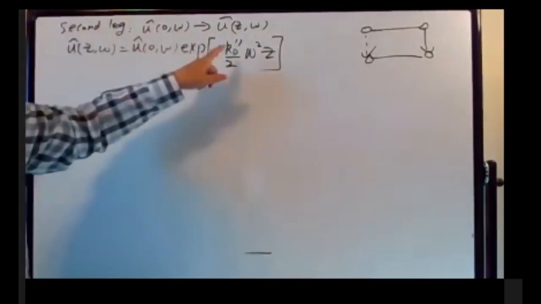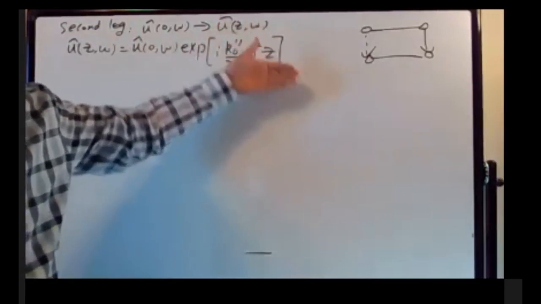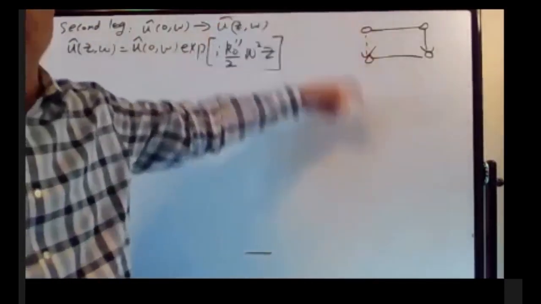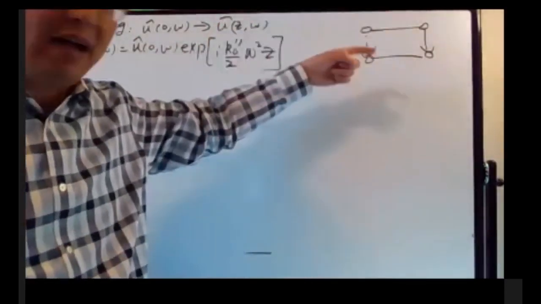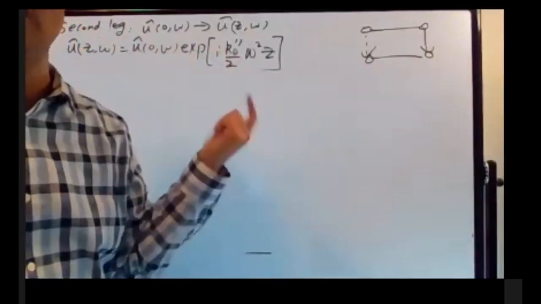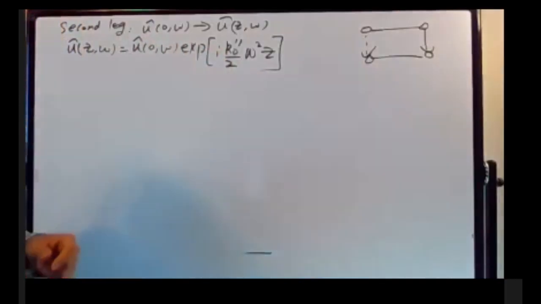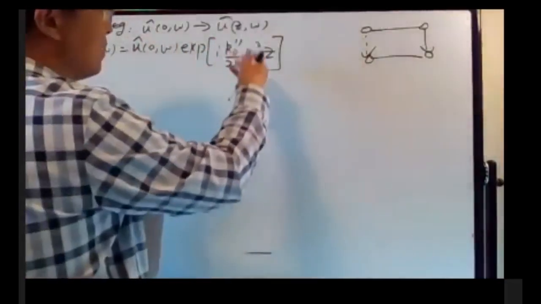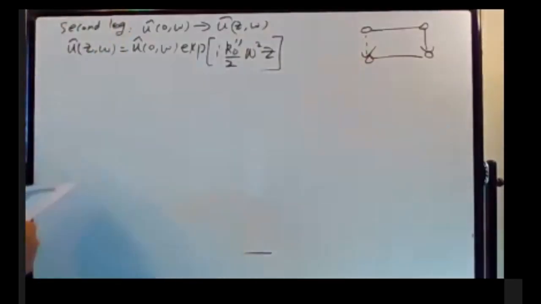There are actually more terms: k naught triple prime, fourth prime, fifth prime. But now we're looking at the most fundamental term, that's the dispersion. And we will think about high order terms also.